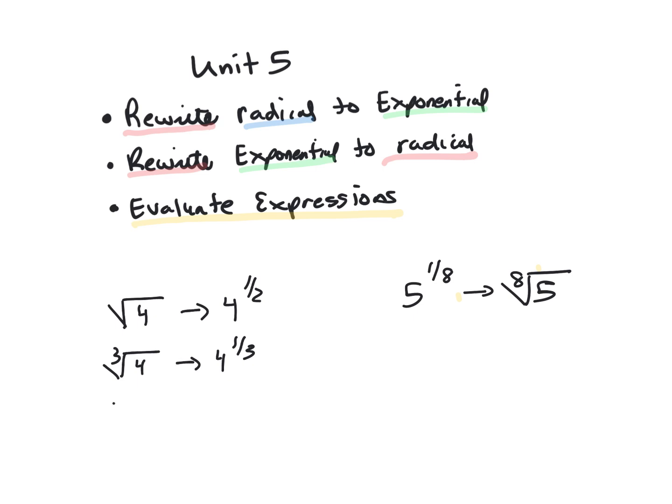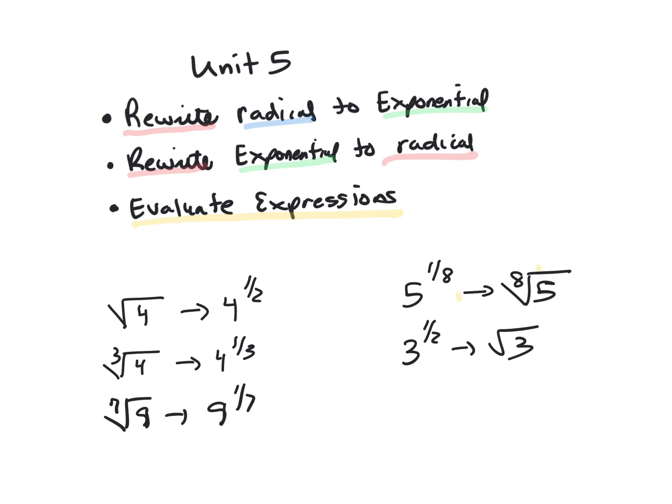You could write the 7th root of, say, 9 as 9 to the 1/7 power. 3 to the 1/2 power could be written as the square root of 3. So those are some things that we went over just recently.